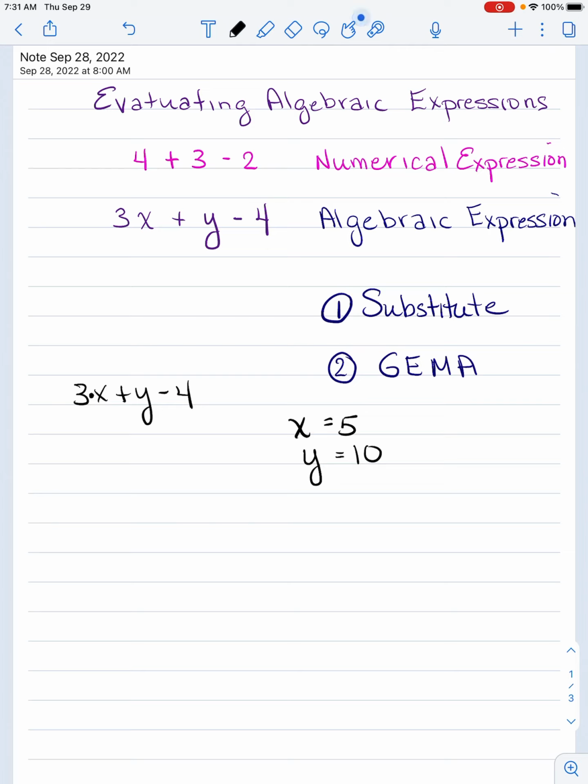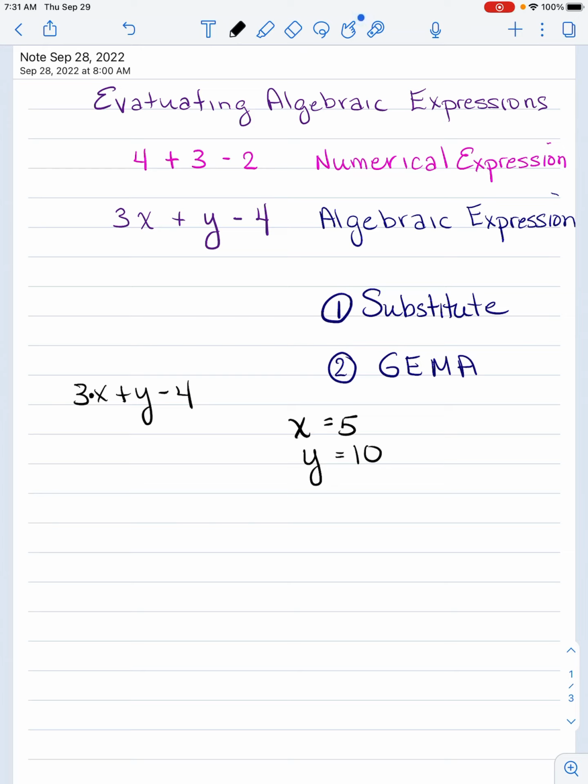Now remember, when we have an equation, we're going to solve an equation. When we have an expression without any equal signs, we are going to be evaluating. In other words, finding the value once we do all the operations. Now, there is an important thing that you have to remember.